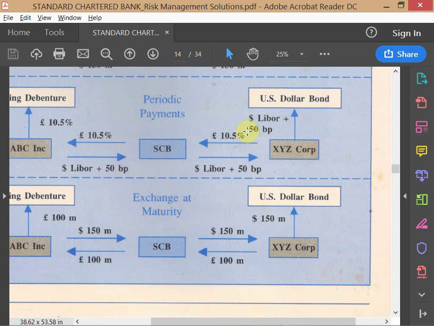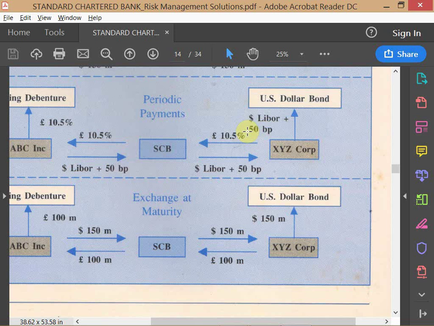Remember, the reason XYZ Corp, being a British company, is going in for this convoluted structure is that they are only able to issue debt where the appetite is, in the US dollar floating rate markets. So they have to go where the customer is. But that's not what they want to issue. They don't want that liability profile.